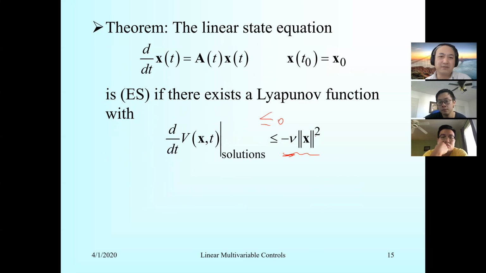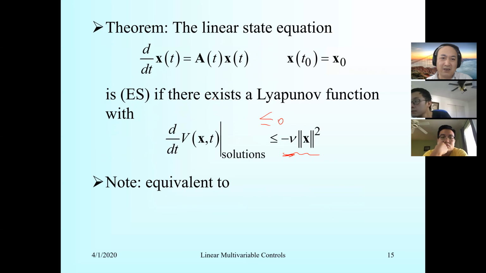If this is true, then I know that the system is exponentially stable. Remember, we are talking about the if here. I want to emphasize a second time, it is not IFF. It is still a sufficient condition. If this is true, then it is also true.